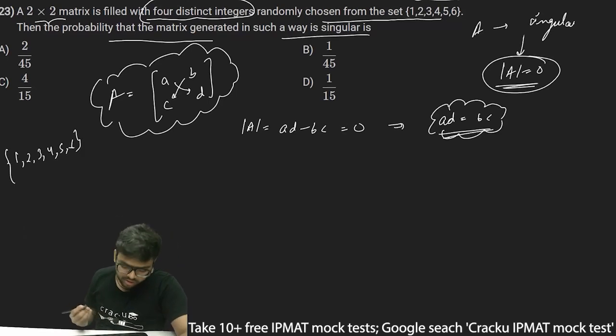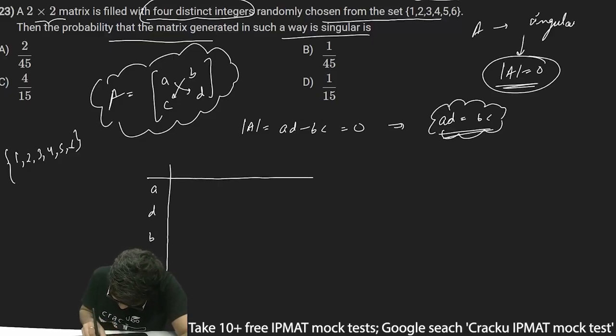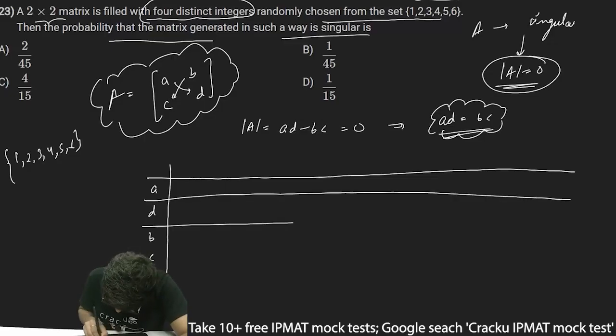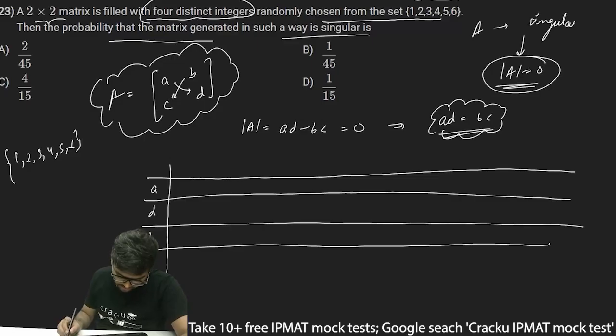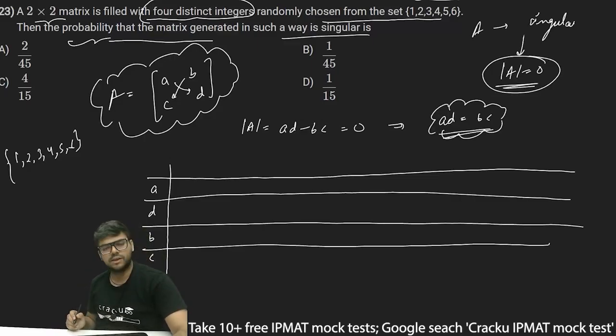Now let's see what values A, B, C and D can take. So I'll write it in this order only, which is A, D, B and C. Since we need to find out the probability, favorable outcomes will be determinant of A should be 0.